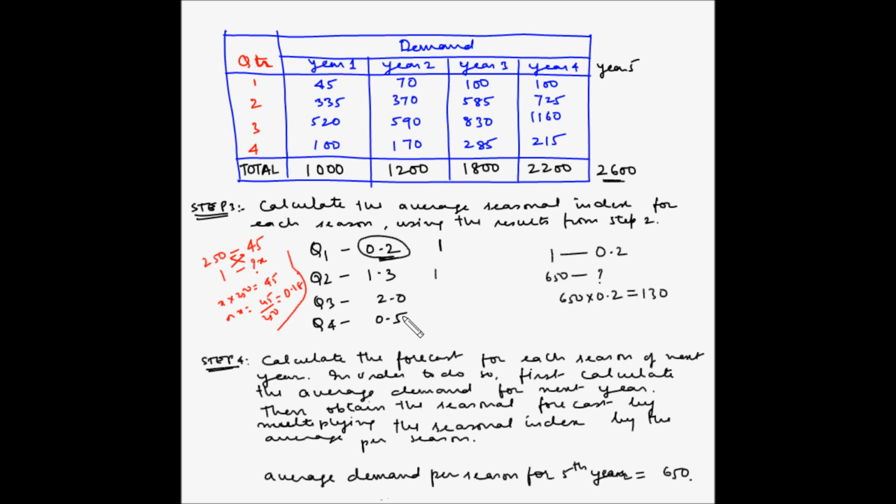So that is the logic, and then we can relate this 1 to the average that we have for the fifth year, which is 650, and find out what is the proportional seasonal forecast. So that is the concept behind the calculation of seasonality index.